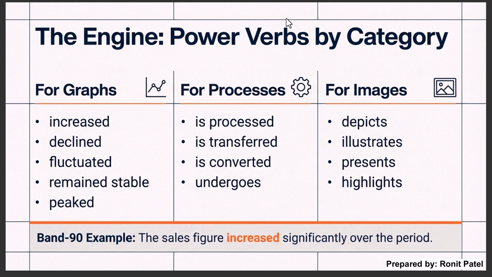Process diagrams require passive technical verbs. Is processed, is transferred, is converted, undergoes. Here we have used passive voice. Why passive voice? Because process diagrams focus on what happens, not who does it. Third, images. Depicts, illustrates, presents, highlights. These verbs signal academic observation, not casual description.